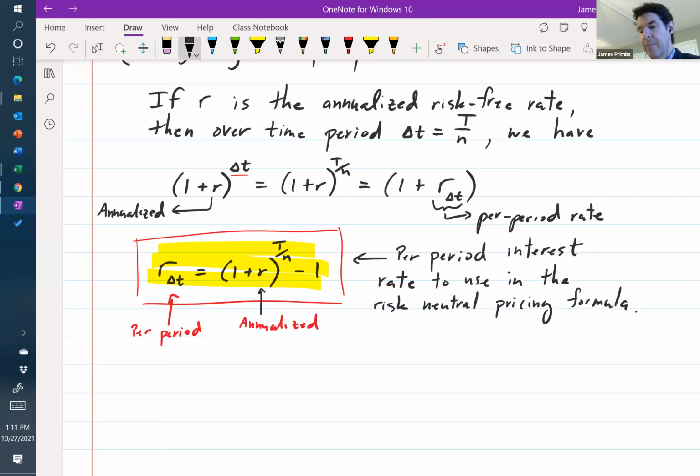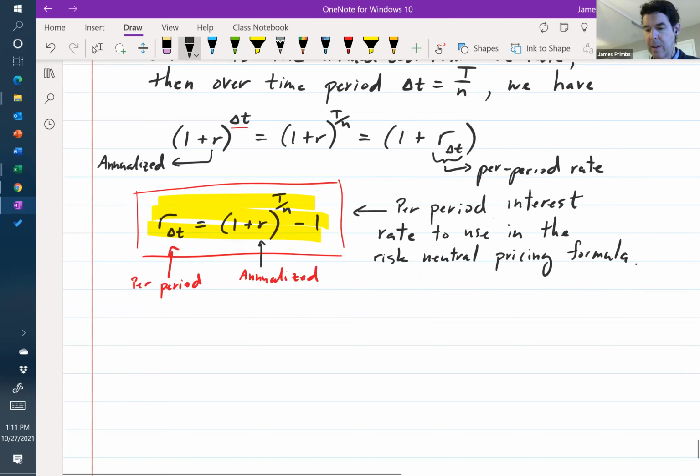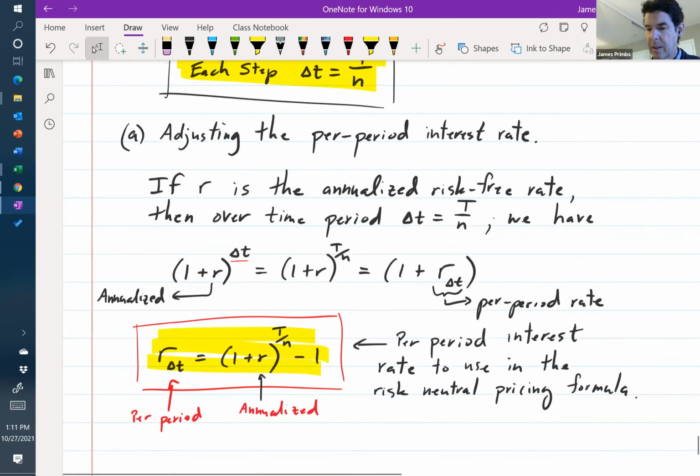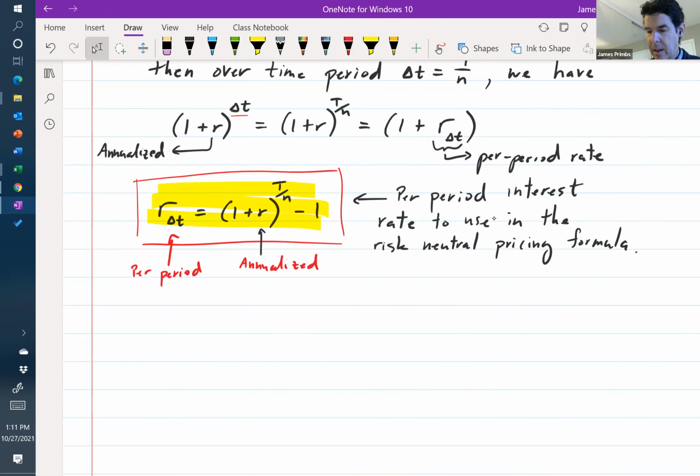So that tells me what interest rate to use. I called that A. Down here, we're going to call this B, and this is the up and down parameters. How do I obtain the up and down parameters?